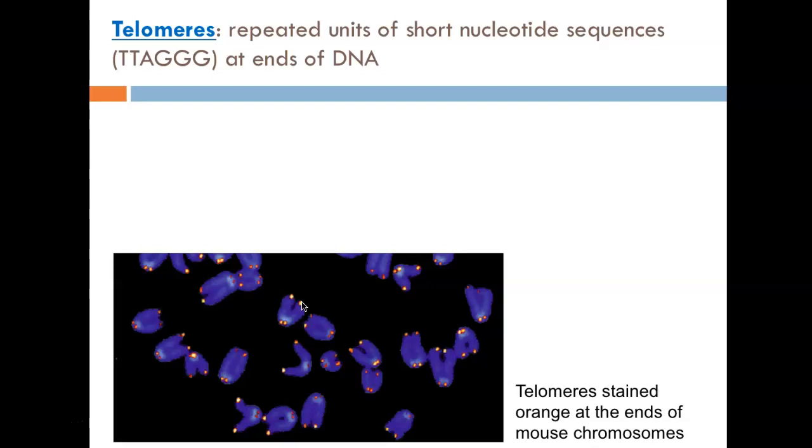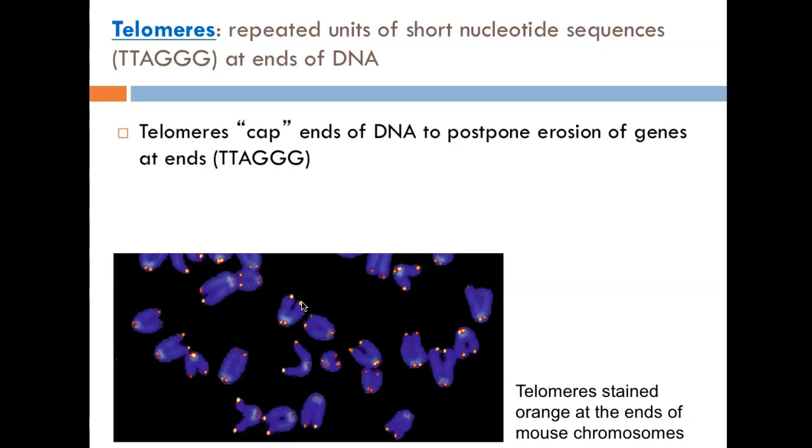That cell has divided, or that DNA has been replicated so many times, that the telomeres finally run out. Well, that is what's going to signal the cell to undergo apoptosis, which is cell death. So what organelle gets triggered? Lysosomes. Lysosomes get triggered. Remember that.